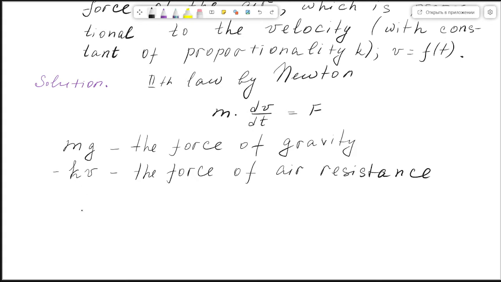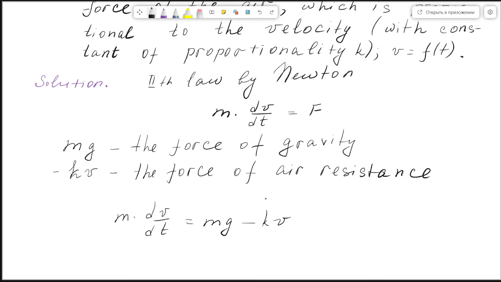And so we have m times dv over dt equals mg minus kv.